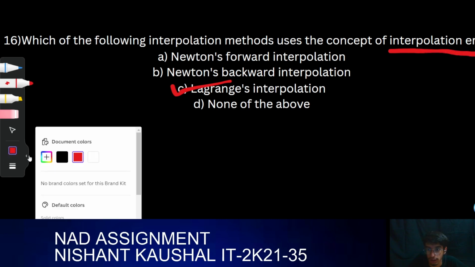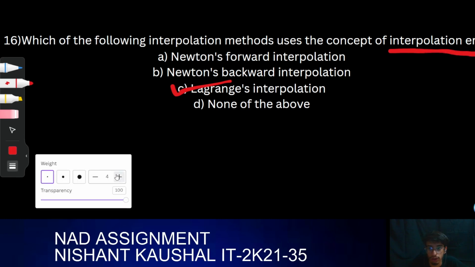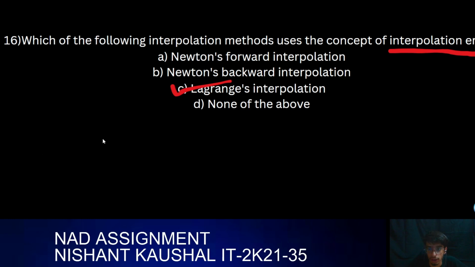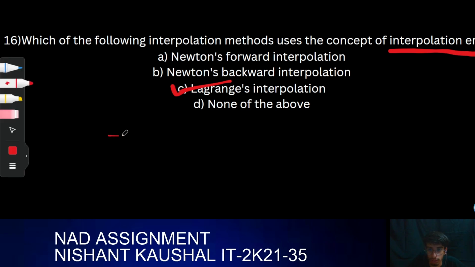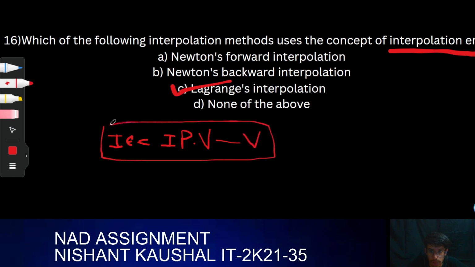First we will understand that interpolation error is the difference between the interpolated value, the value which we have found through interpolation, minus the actual value that we have put directly in the formula, right?